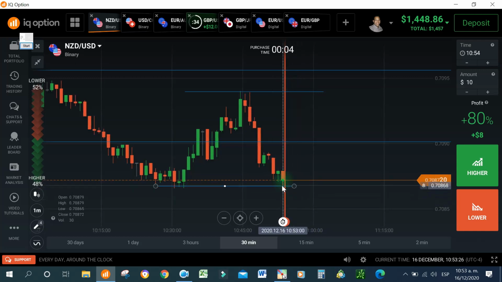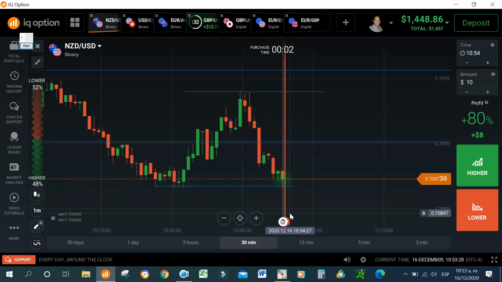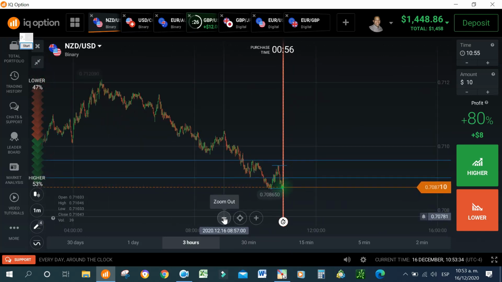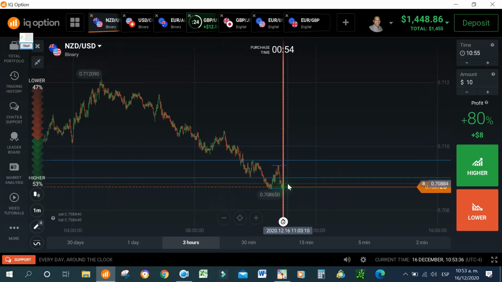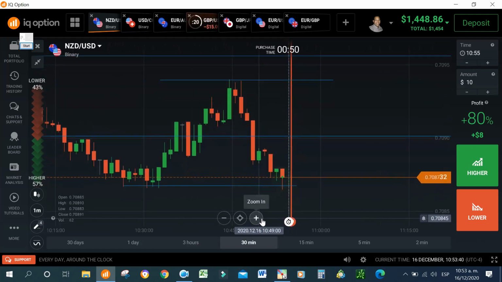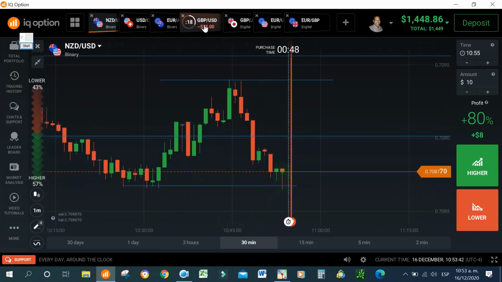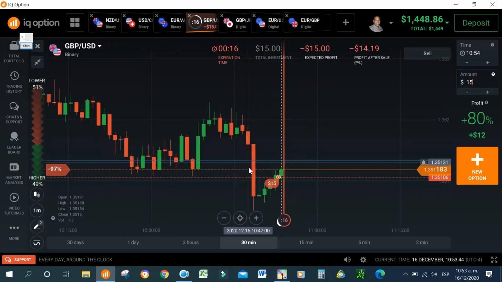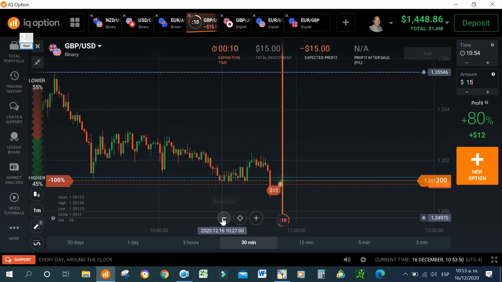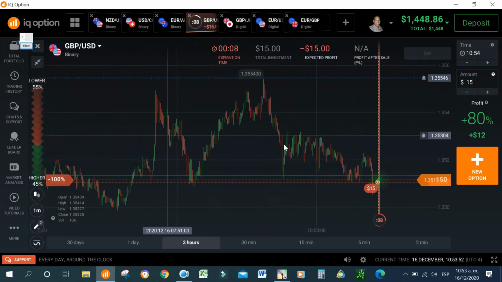I want to see another breakdown here to take another trade to the downside, because this was a very good downtrend, and in this case I'm trading with the trend, unlike this one. This one is riskier. I mean, it's a risky trade just because we are trading against the trend.